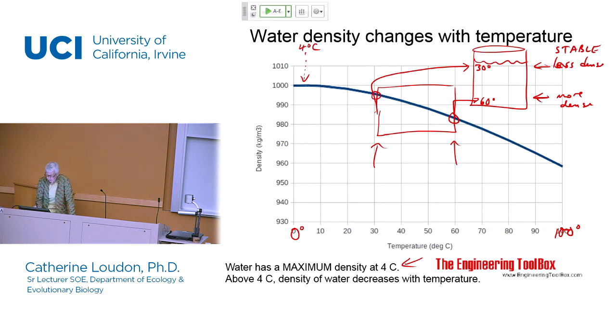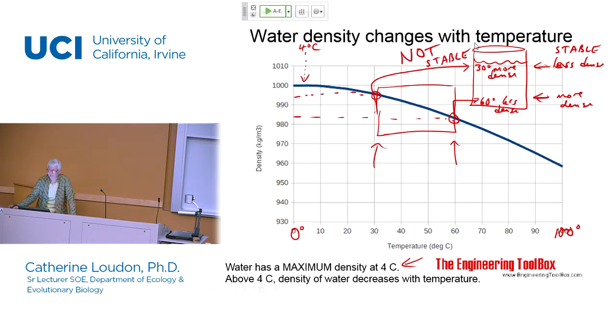Well, let's see, 30 degrees, more dense, right? And 60 degrees, less dense. Okay, so this specific example then will be unstable or not stable.